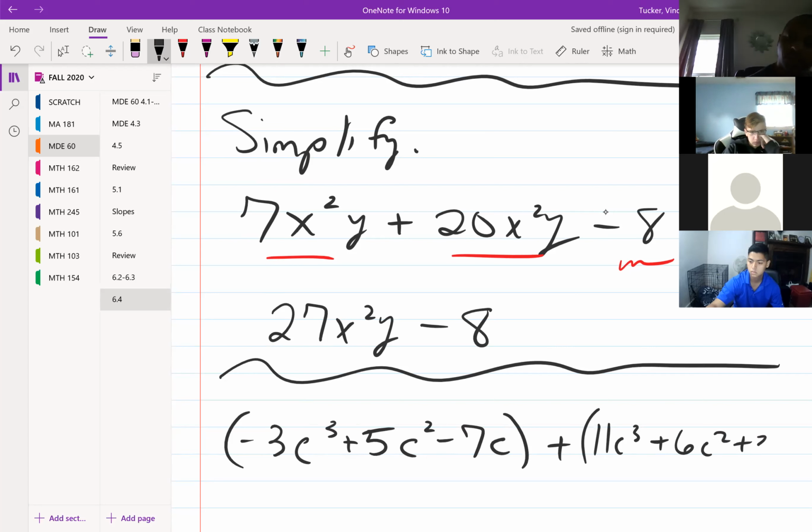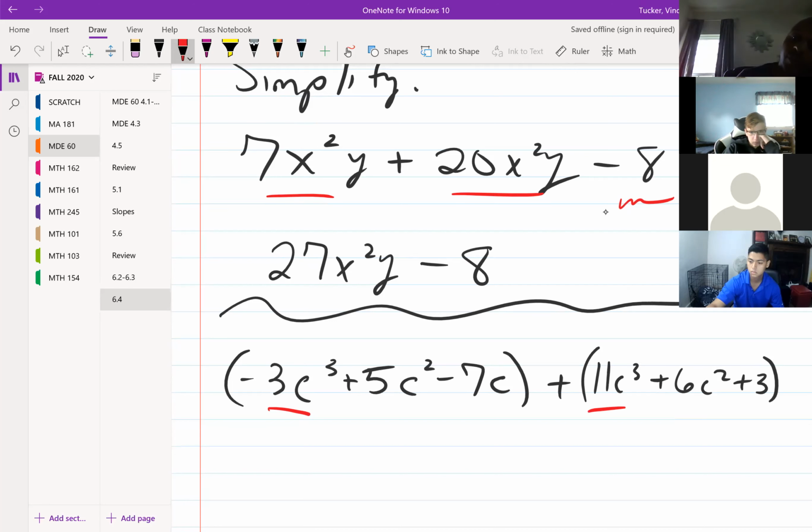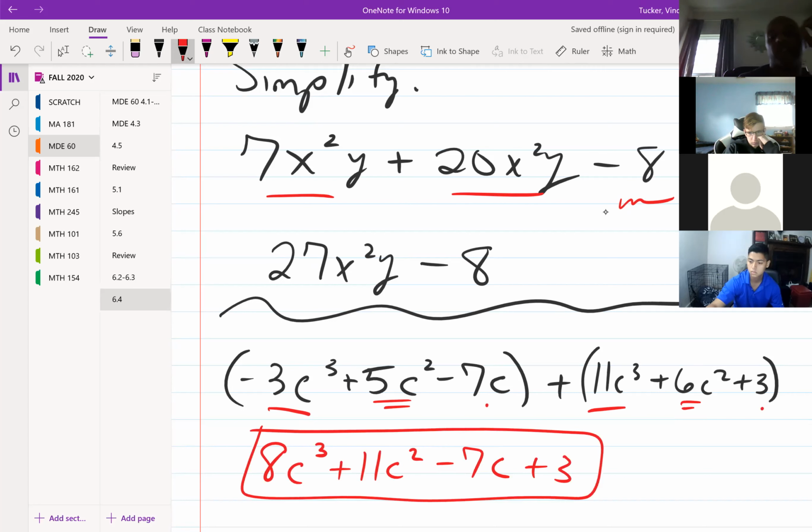Negative 3c cubed plus 11c cubed is 8c cubed. 5c squared plus 6c squared is 11c squared. There's nothing I can combine negative 7c with, so you bring it down. Same thing with the plus 3. And that would be your answer.